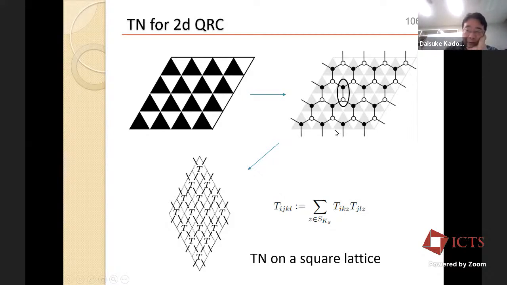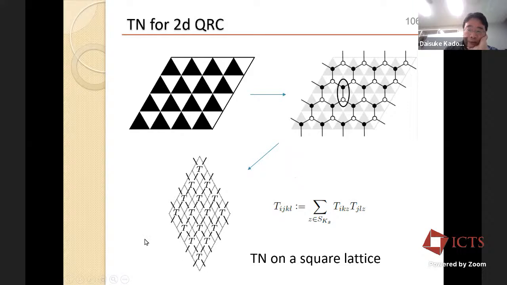Firstly, the contraction between these two tensors is taken. Then a tensor network on a square lattice is obtained, contracting this link.